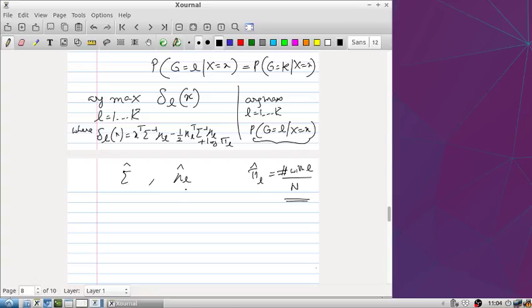Now what's my estimate for mu L? Look at those data points where L is the class in your training data. There will be corresponding x's. Take their average, that's the mean.